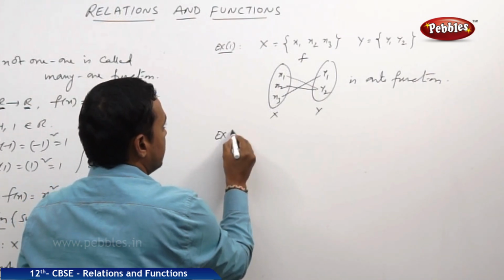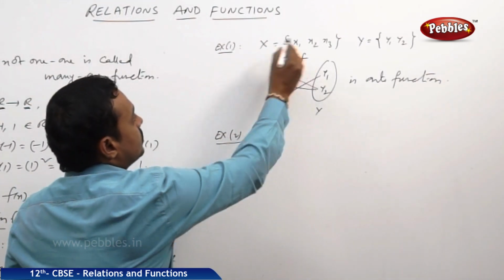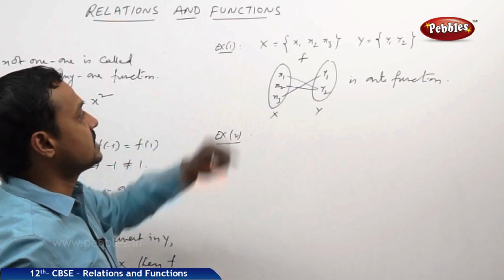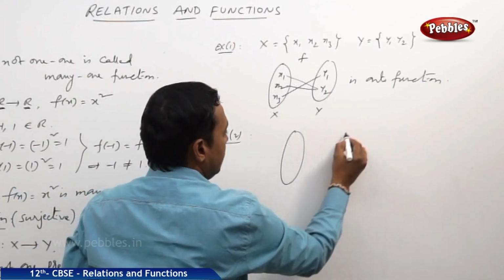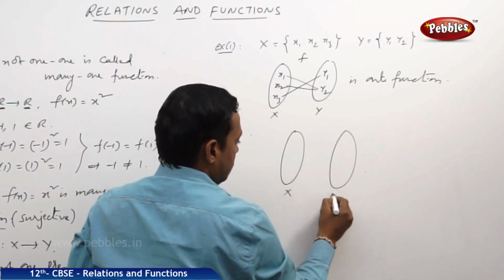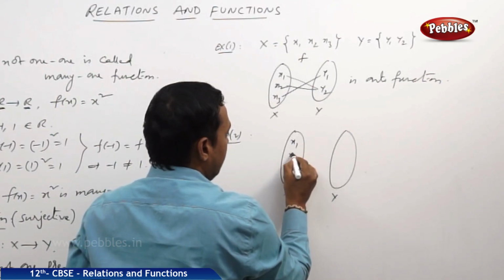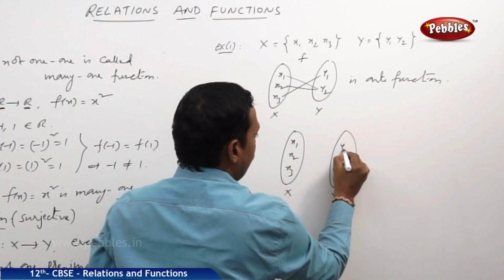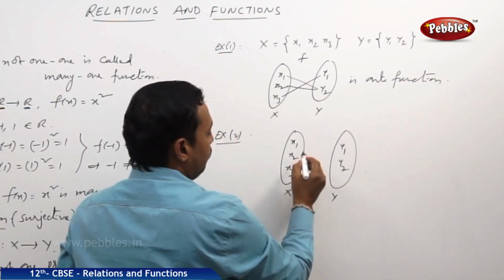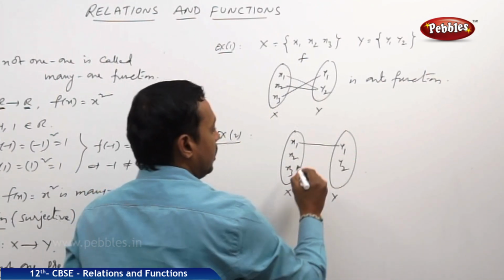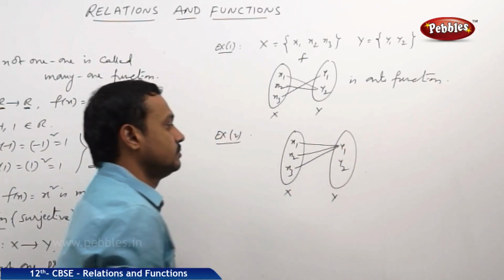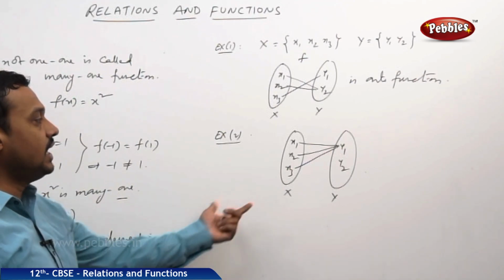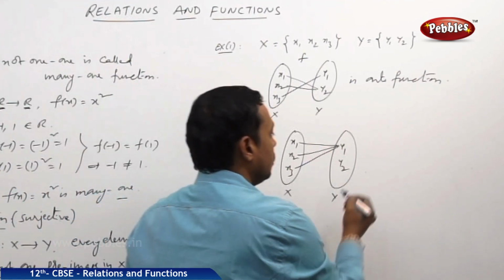Next, one more example. Same sets, X is equal to {x1, x2, x3}, Y is equal to {y1, y2}, and consider again a relation. If x1 maps to y1, x2 maps to y1, x3 also maps to y1. Now, clearly it is not an onto function. Why?